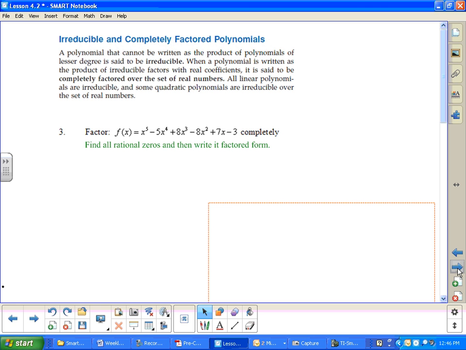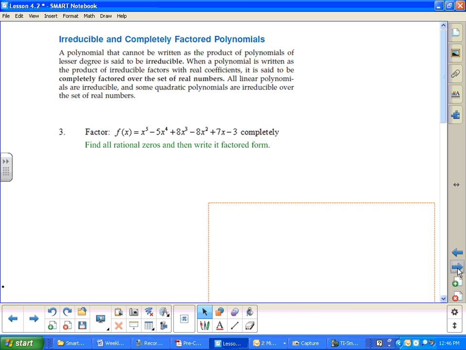All right. This asks us to factor it completely. It's a 5th degree polynomial. How many different rational zeros are possibly there? Well, there's 5 possible zeros.